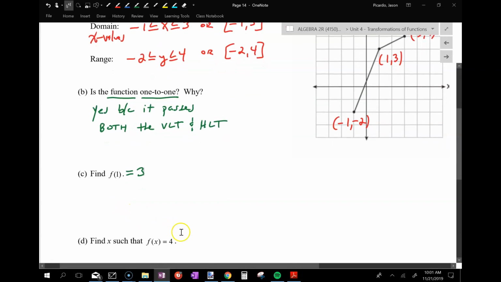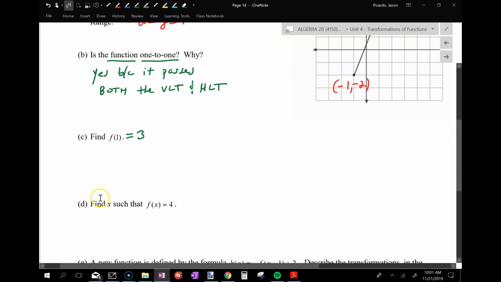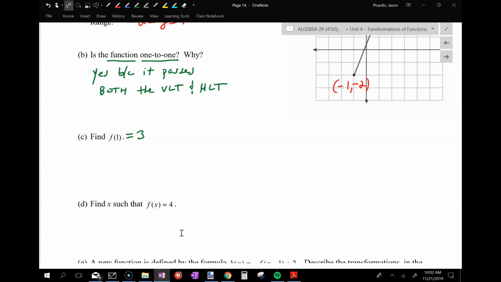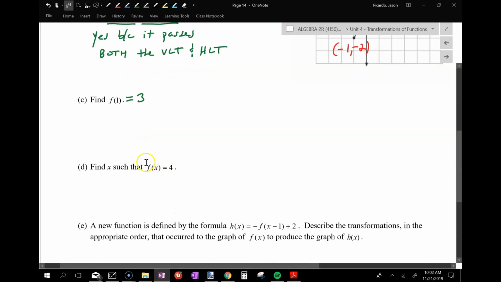Guys, this next question is actually kind of important. It says, find x such that f of x equals 4. What does that mean? Can somebody translate that? What is f of x another way of saying?